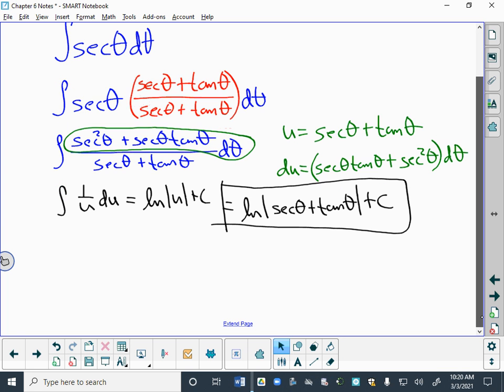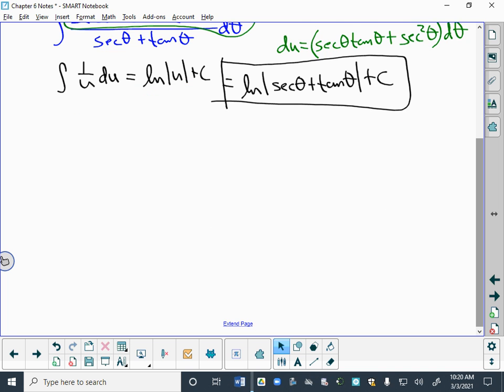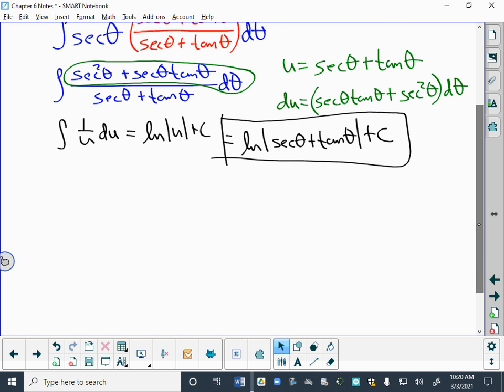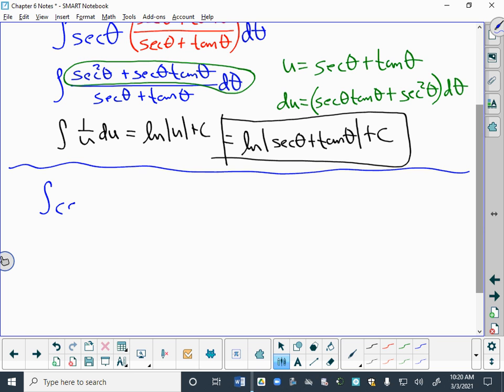See what it looks like for cosecant theta, just for the fun of it. So let's see, to start with, antiderivative of cosecant x dx. I'll go to x's this time. So my stupid math trick this time is going to be to multiply by, well, let's see what we get.